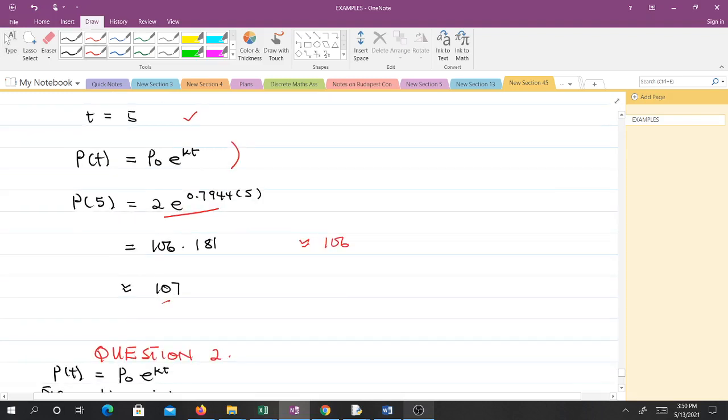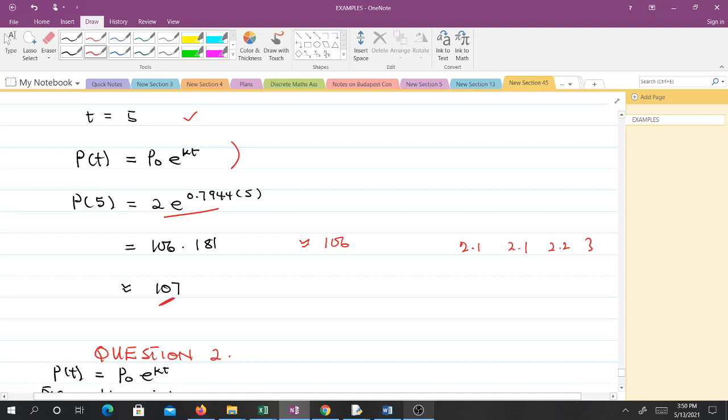But I'm approximating this to 107 because we are talking about the population here, human beings, and we don't have 2.1 human beings. When we have 2.1 or 2.2 human beings, we mostly round it to 3. As soon as there is something left over, we approximate it to the nearest whole number.